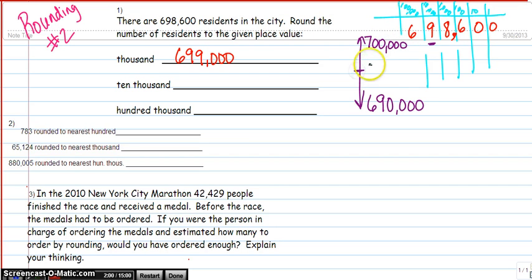I find my midpoint, which is 695,000, because if I'm skipping by 10,000, half of 10,000 is 5,000. My midpoint is 695,000. I plot 698,600, and I see that it would be about here, which means I'm rounding up to 700,000.